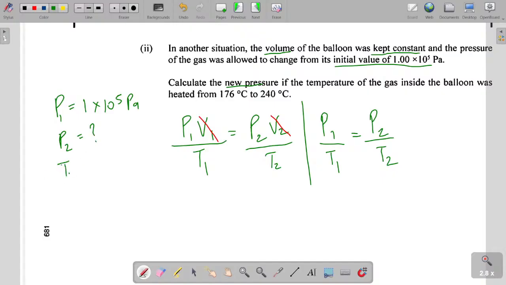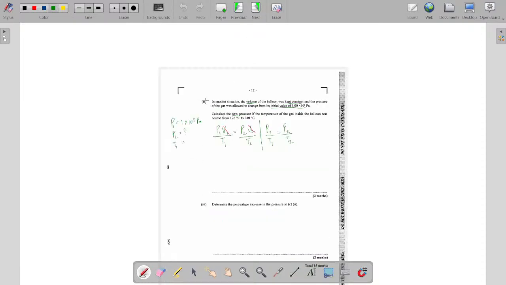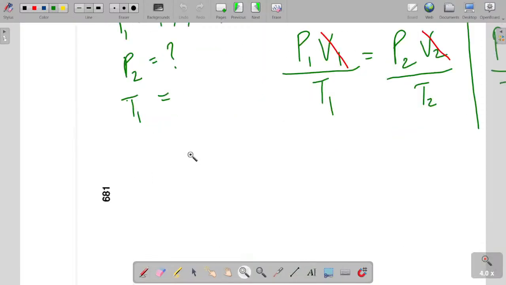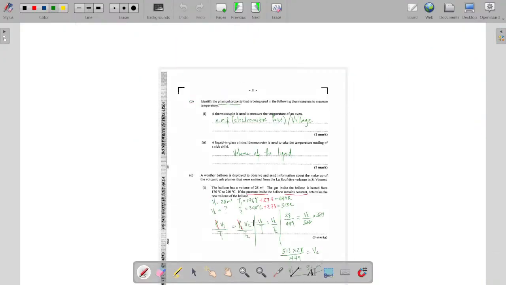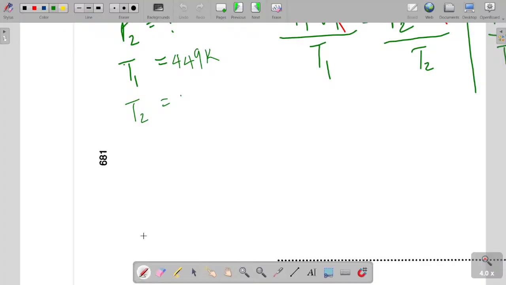And we know that T1 is 176, and we already converted that to Kelvin. So T1 should be 449 Kelvin, and T2 should be, based on our last calculation, 513 Kelvin.